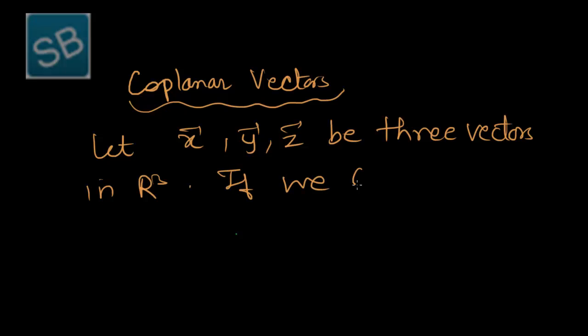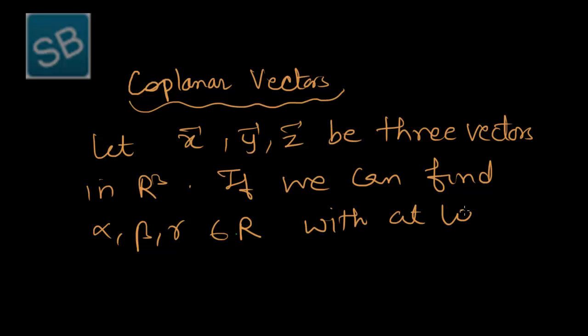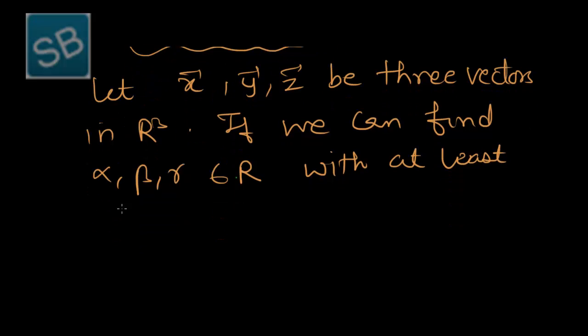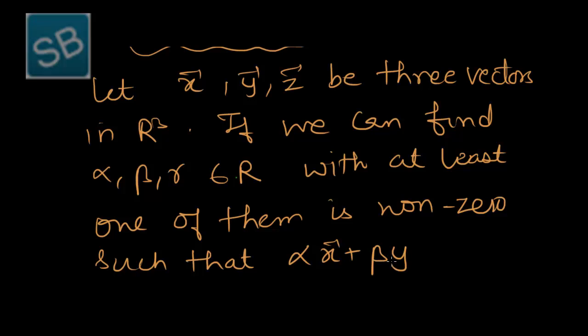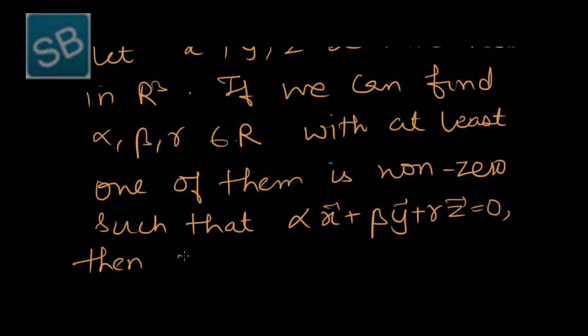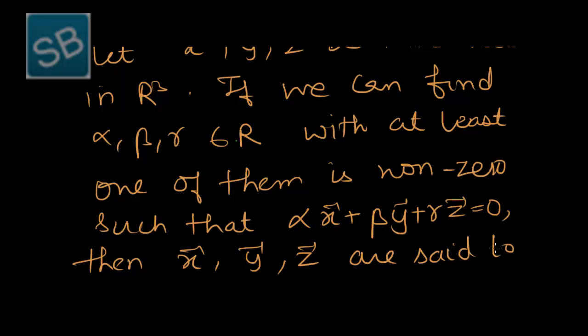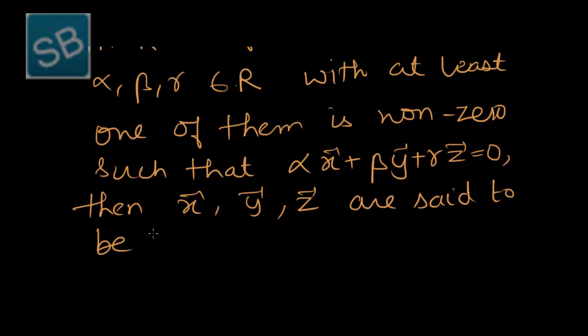And if we can find alpha, beta, gamma belonging to the real number system with at least one of them non-zero such that alpha x plus beta y plus gamma z is equal to 0, then vector x, vector y, vector z are said to be coplanar vectors.